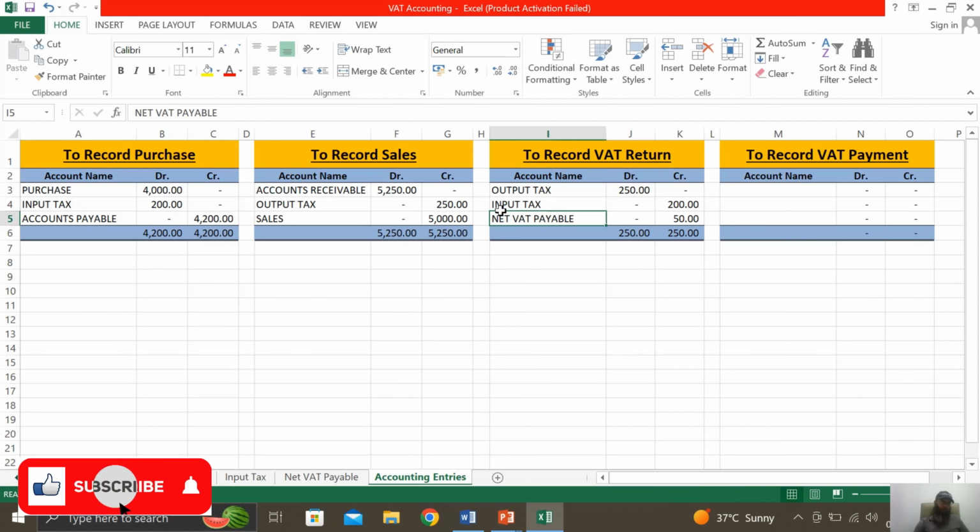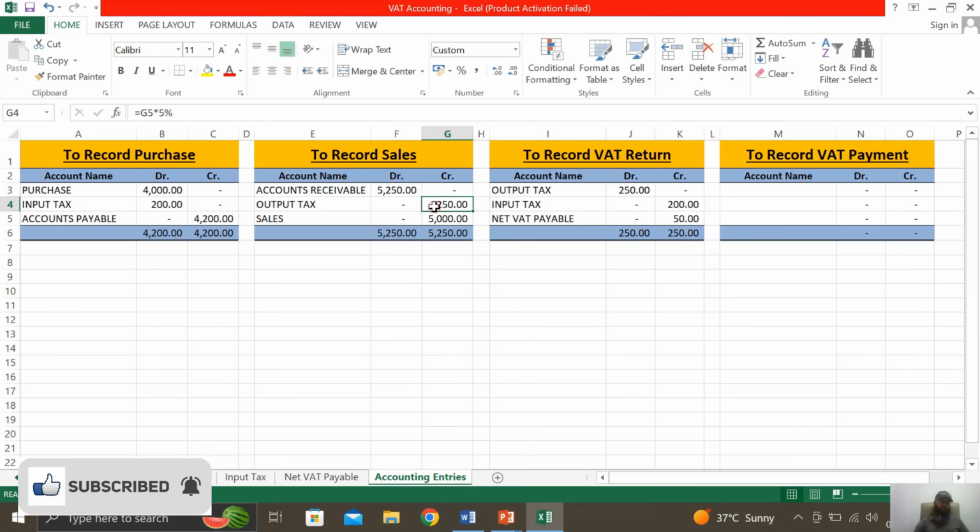When you are passing this VAT return entry, your GL for the output tax will become 0 on that particular date. On the month end closing, when your return period is finished, you need to pass this entry to show the net VAT payable liability.